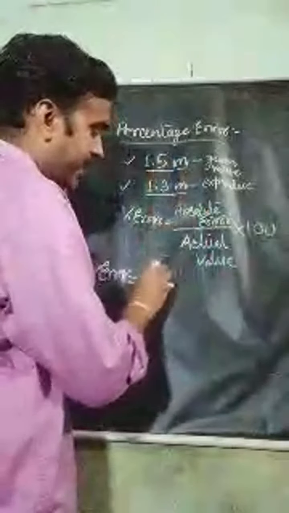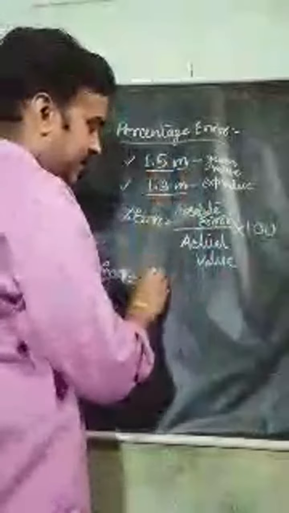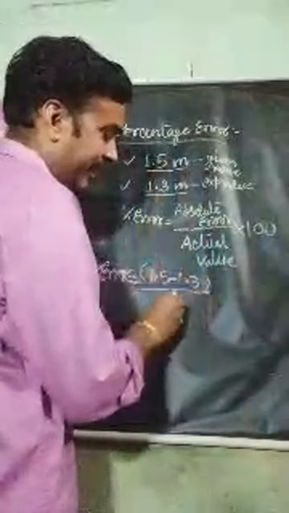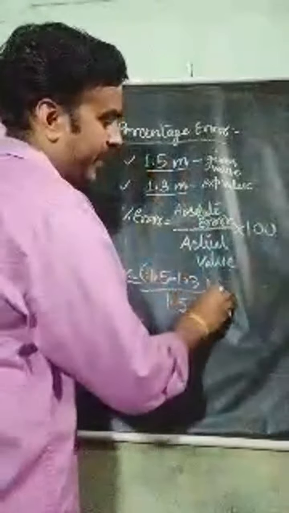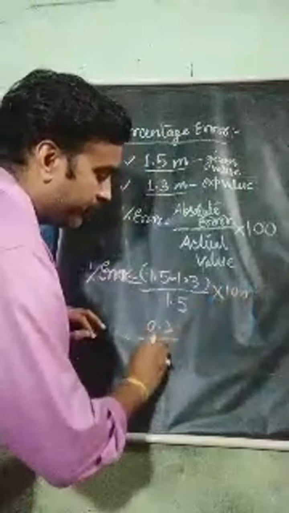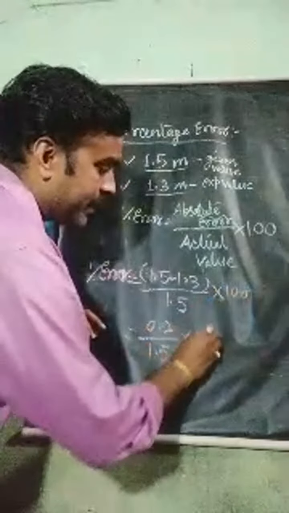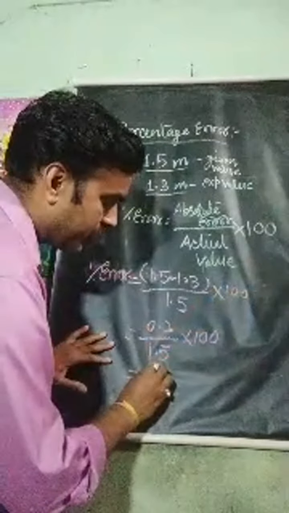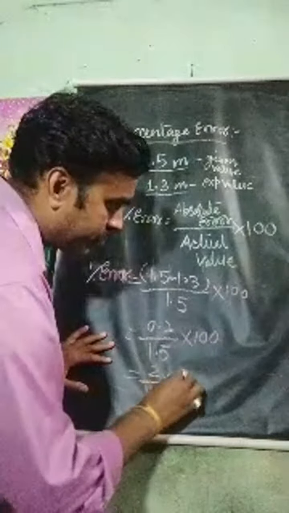How much is the difference between both? 1.5 minus 1.3, divided by 1.5, multiplied by 100. So what do we get? 0.2 upon 1.5 into 100. So calculate it: 2 by 15 into 100.